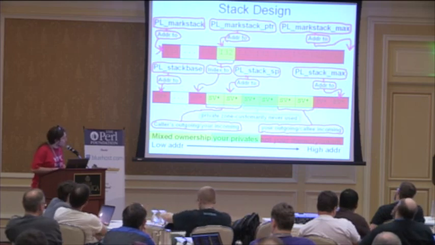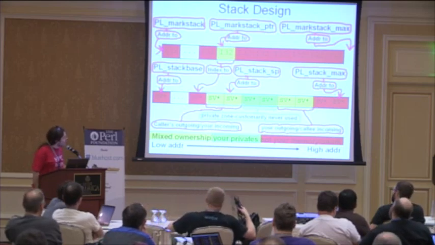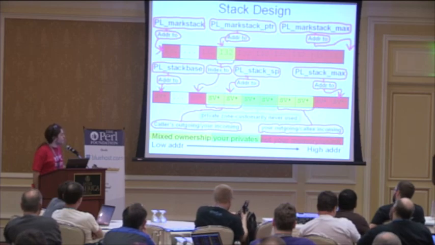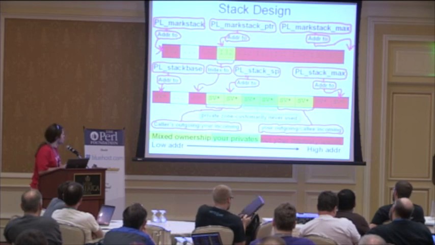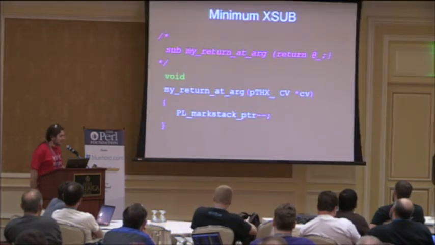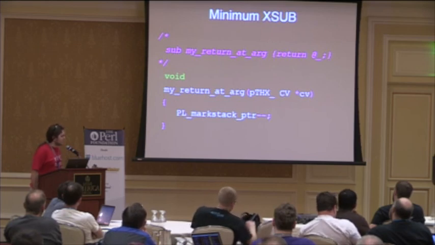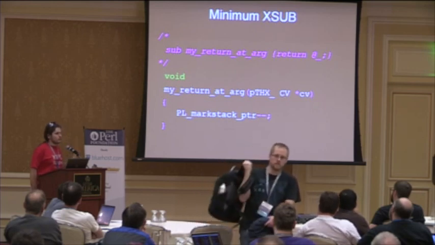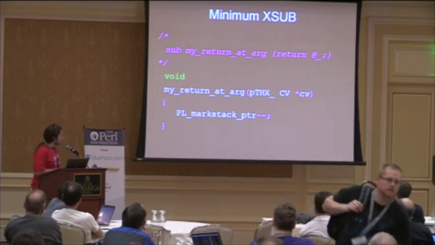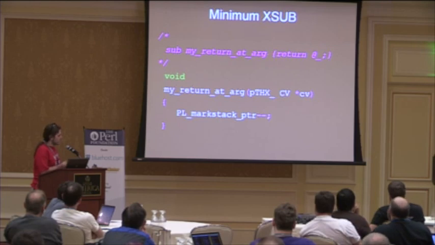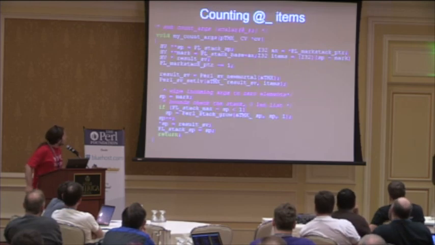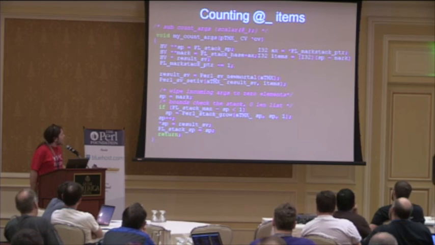You have to also remember to bounds check whenever you are extending or putting things on the mark stack and on the Perl stack, because this is C and everything has to be bounds checked at all times. The minimum XSUB, this is the rule of every XSUB, has to do this. It has to decrease the mark stack pointer by one element. This is the minimum XSUB that you can write in plain C. And generally it returns @_ in pure Perl, the equivalent of what this code does. Let's count the number of @_ arguments your XSUB gets.